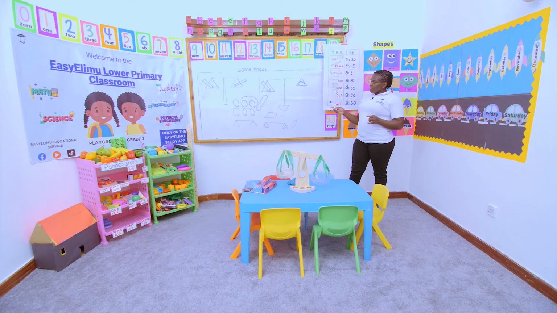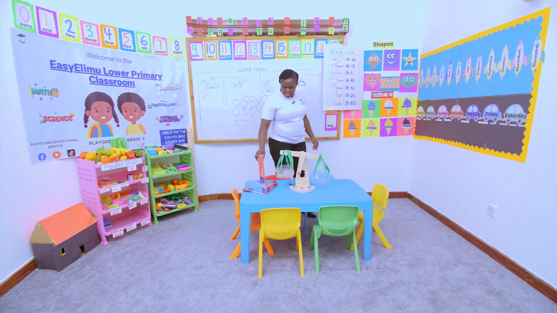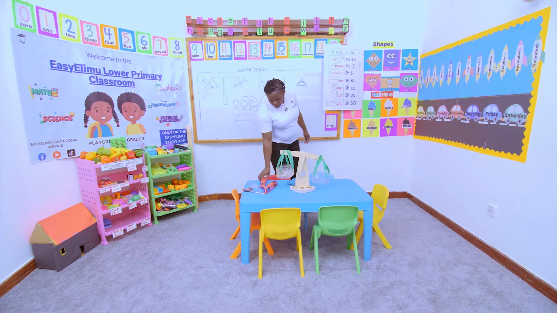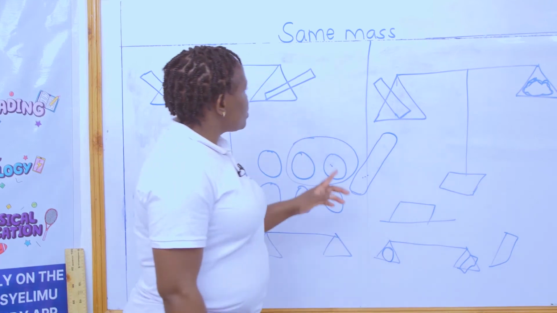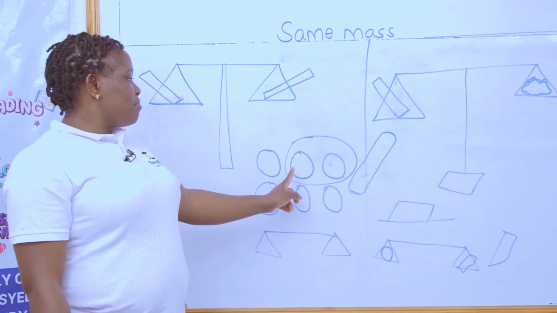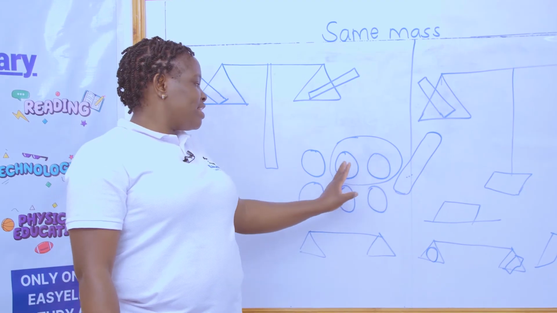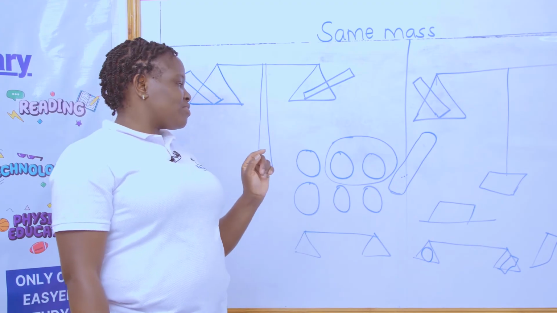So we have learned, even if I change the shape, or even if I put this plasticine standing like this, and the other one slanting like this, it will not affect the mass of the molding clay. Are we together? So, during your free time, make sure when mommy is cooking chapati, you are there. Ask mommy, kindly give me two pieces of chapati.